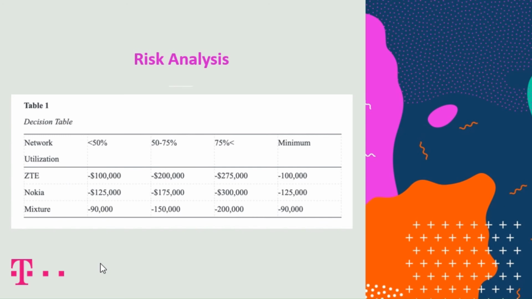In this table, I depict a scenario where two competing equipment manufacturers in the US are being considered for future purchase orders.